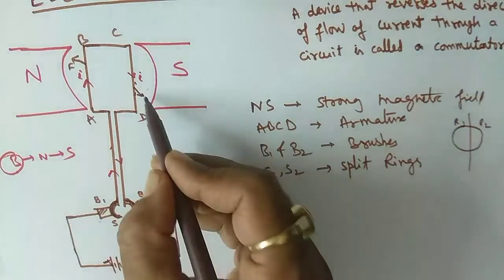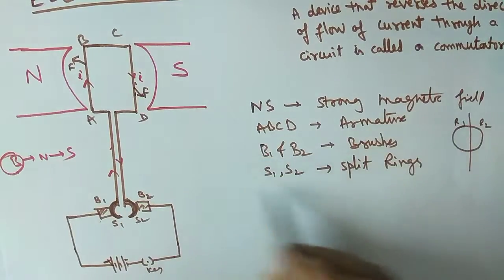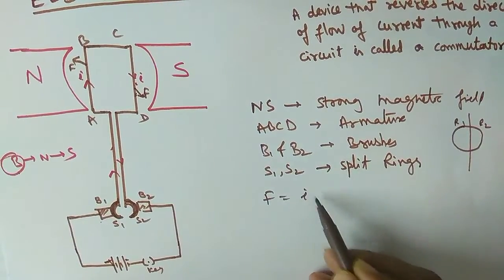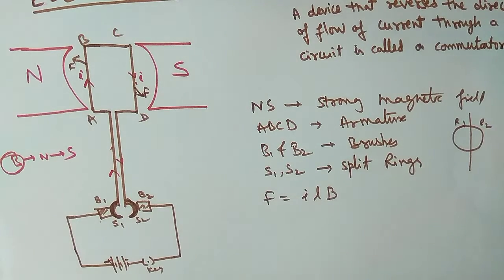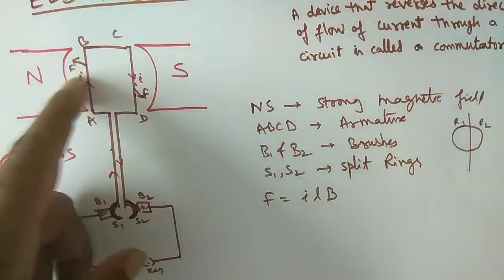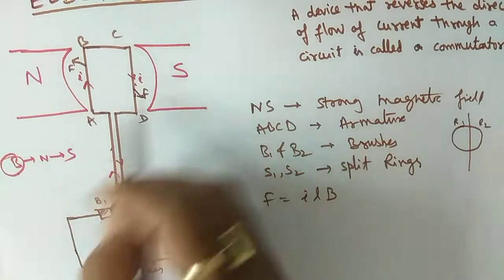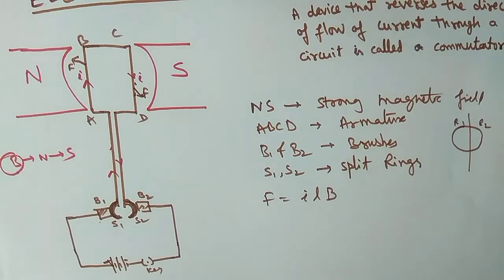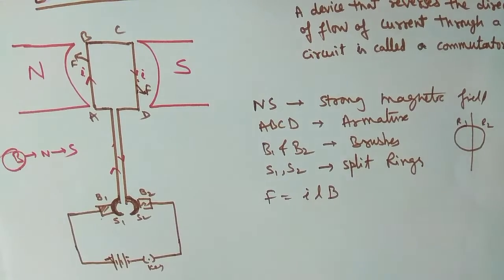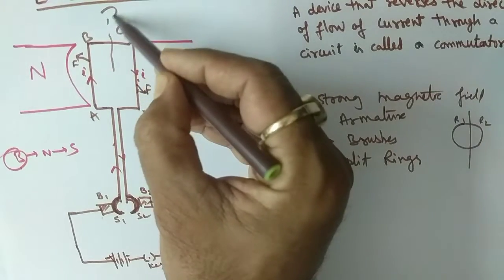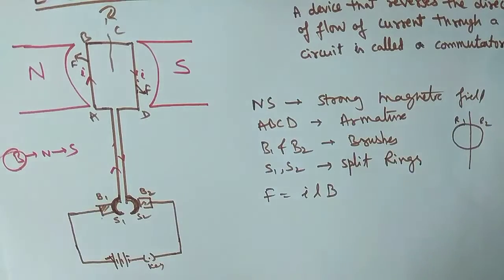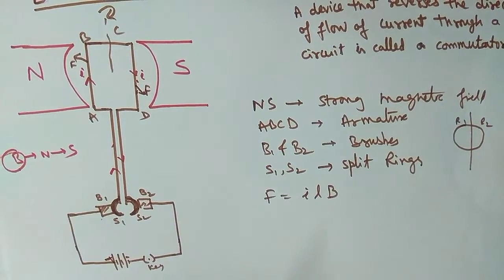According to the formula, F is ILB. Equal and opposite forces are working on this coil, so it forms a couple and produces a turning effect. So this coil, which is known as the armature, will start to rotate due to this magnetic force.